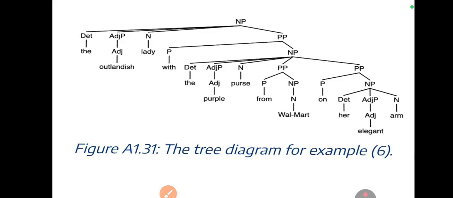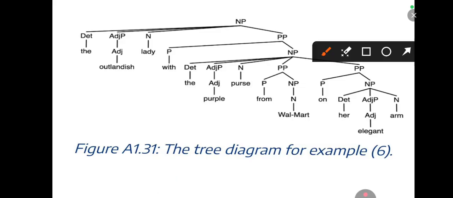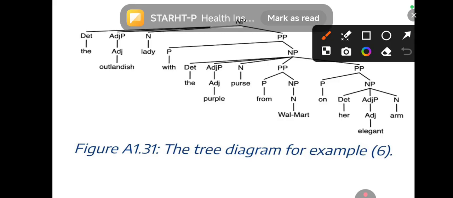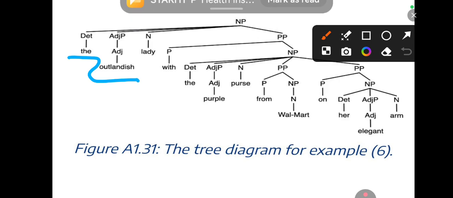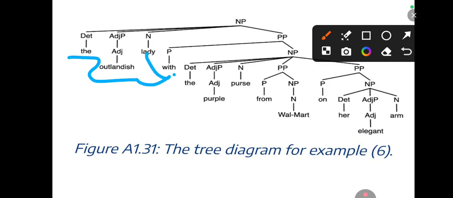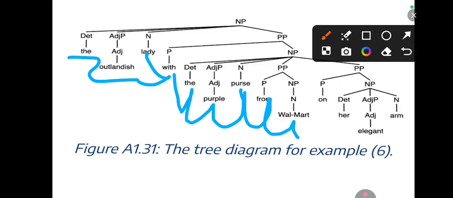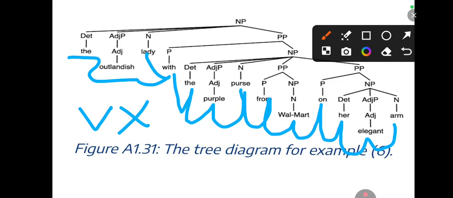This is actually a noun phrase: "The outlandish lady with the purple purse from Walmart on her elegant arm." Have you noticed that there is no verb? Verb is not there, but this is a very long noun phrase.